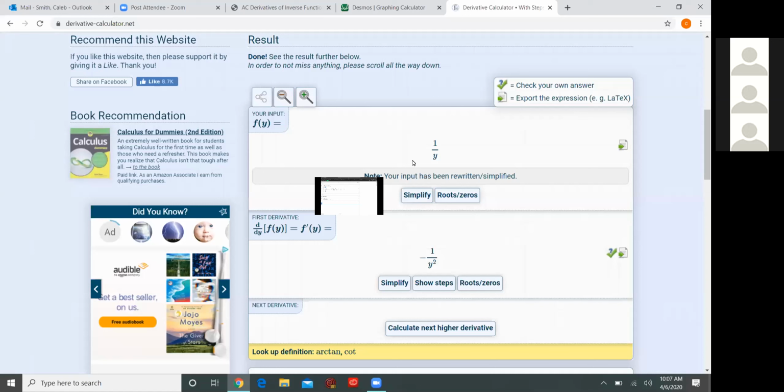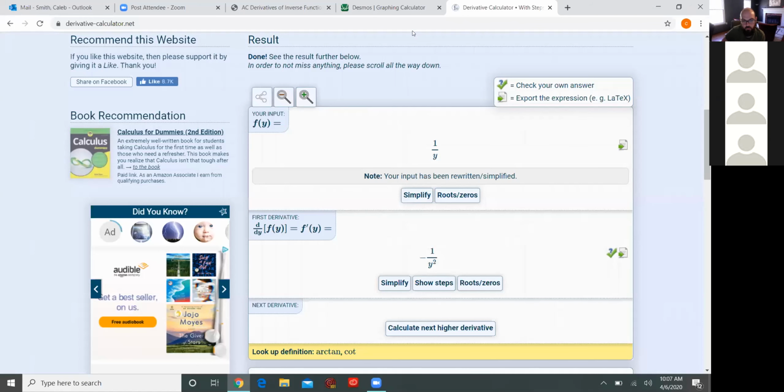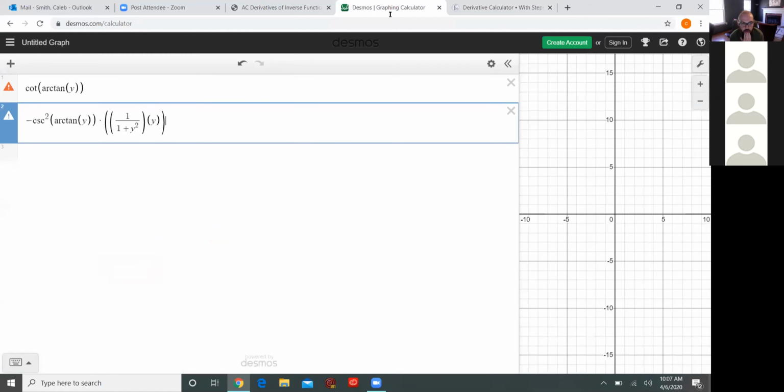Over y squared. One over y squared. How would you get 1 over y squared from that?